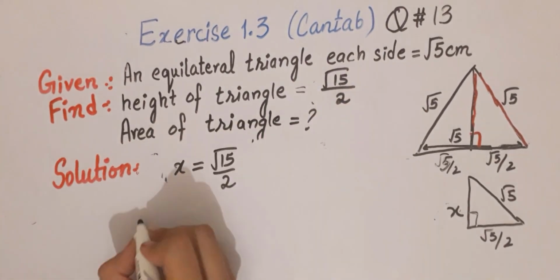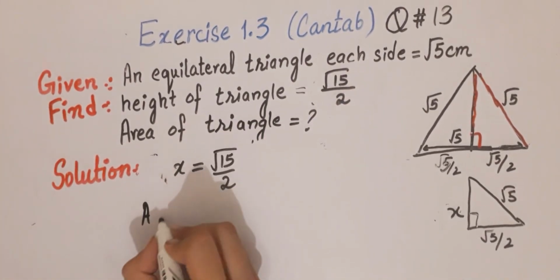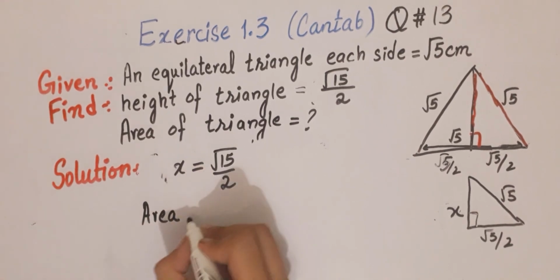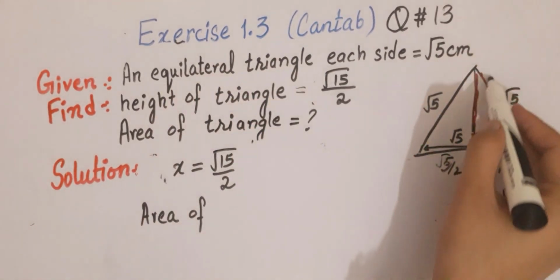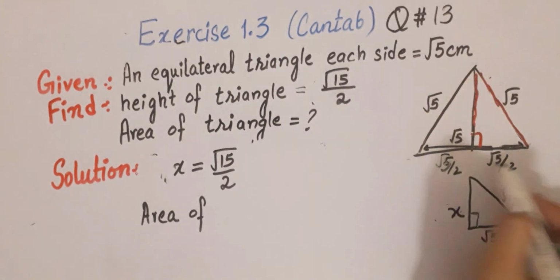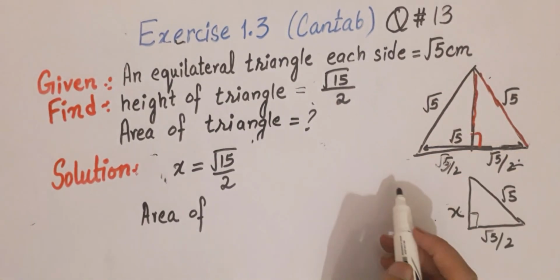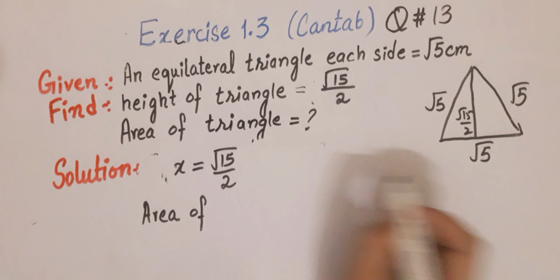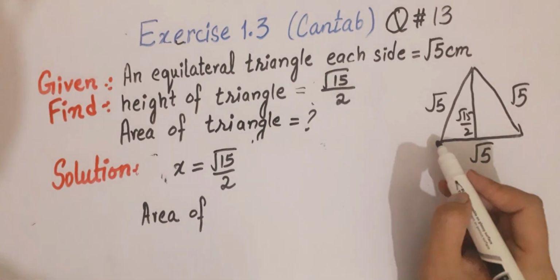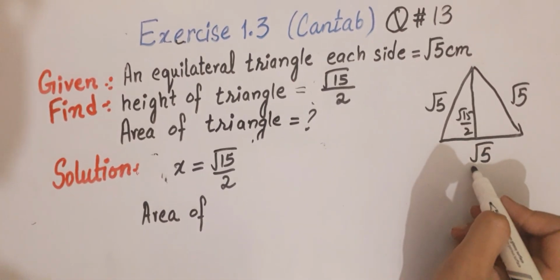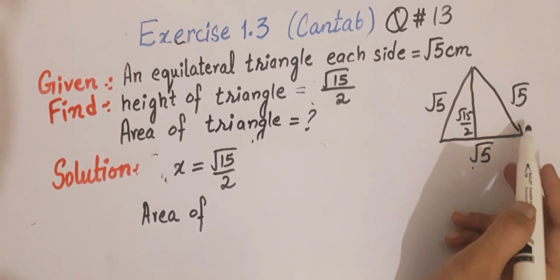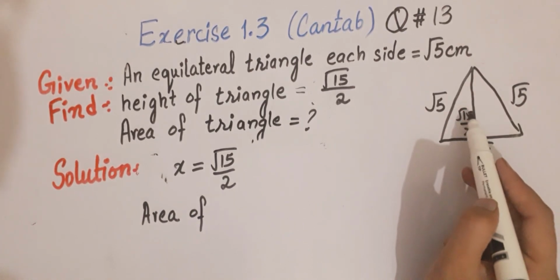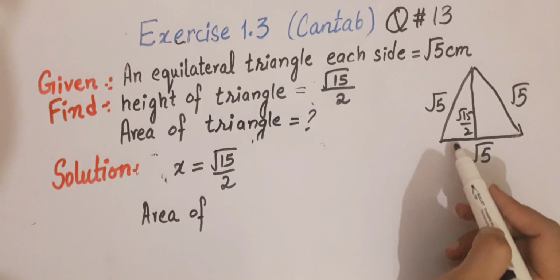Now we have to find the area. Area of triangle, equilateral triangle. For this purpose we will consider this triangle. So according to this triangle, this length is equal to square root of 5, base is equal to square root of 5, and height is equal to square root of 15 by 2.